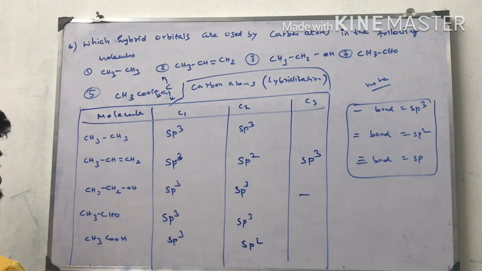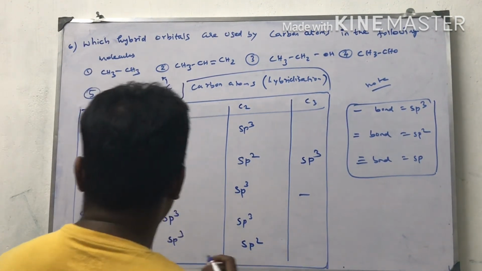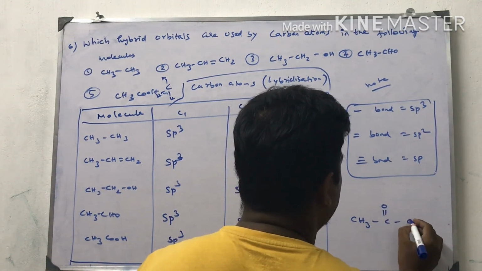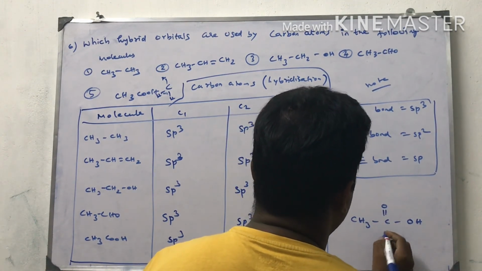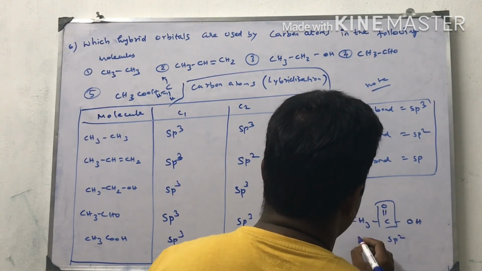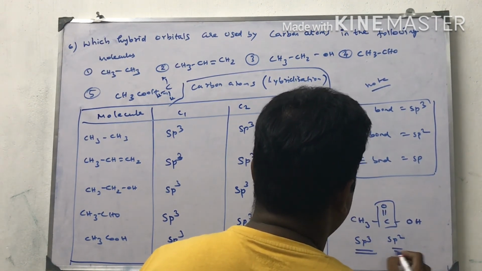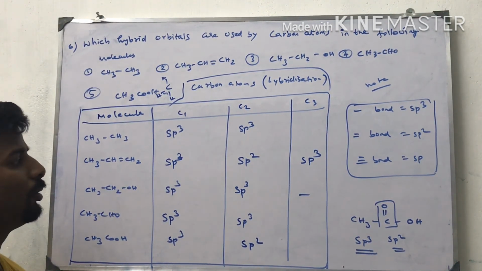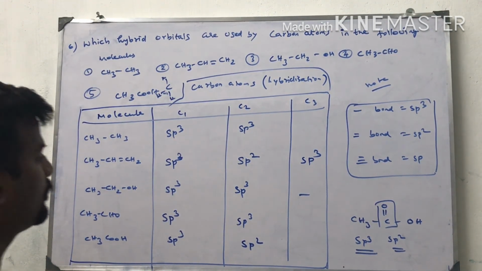In acetic acid, CH3 C double bond OH, this carbon is surrounded by a double bond, so it is sp2, and the CH3 carbon is sp3. This is the answer for this question. Very simple question. Go through the answer table.